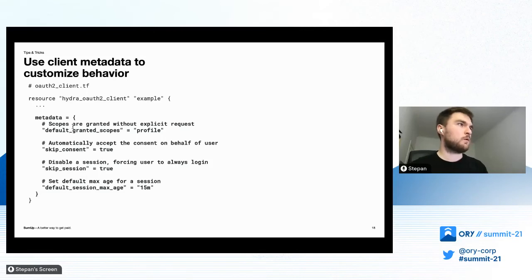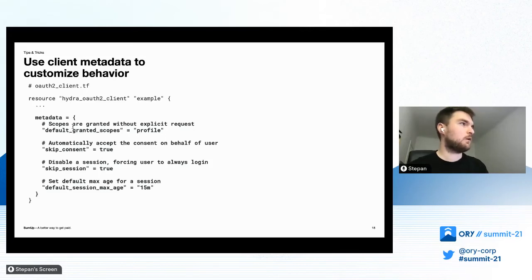To avoid clients explicitly requesting scopes they didn't request before, we introduced the notion of default granted scopes. So for example, you can say here that I want profile scope by default.